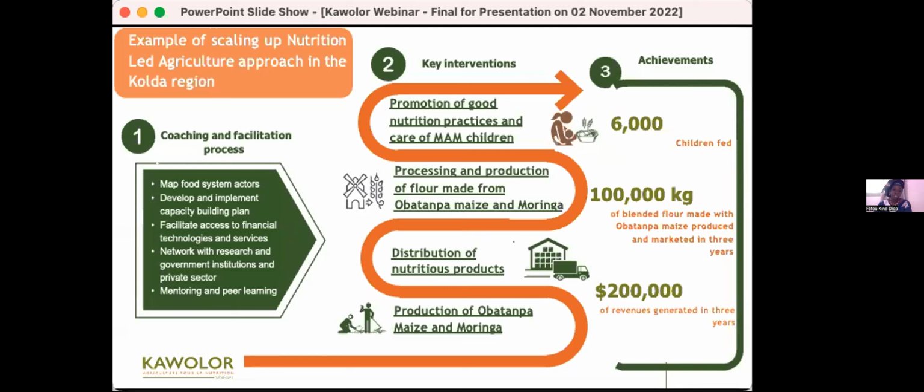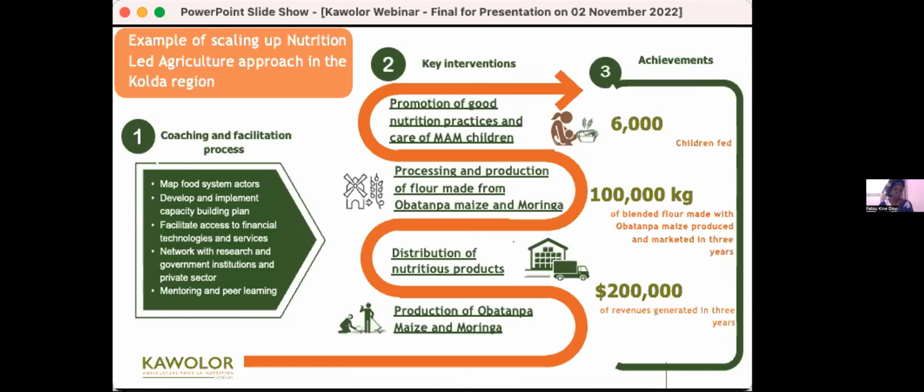After identifying the food system actors, we support them to develop and implement capacity building plans. After having those plans, we facilitate for them access to finance, access to technology, services, etc. And we also link them with research.